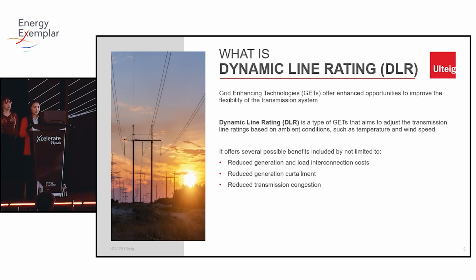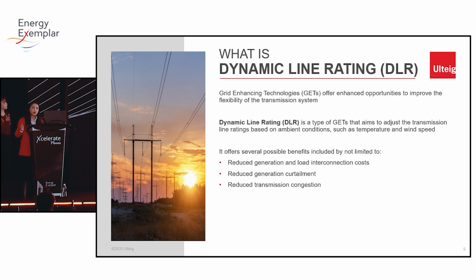Now, let's move on to understanding the core focus of today's discussion, dynamic line rating. Grid enhancing technologies offer enhanced opportunity to improve the flexibility of the transmission system. One of the grid enhancing technologies is dynamic line ratings. Dynamic line rating adjusts the transmission line rating based upon ambient conditions such as temperature, wind speed, and electric configuration.